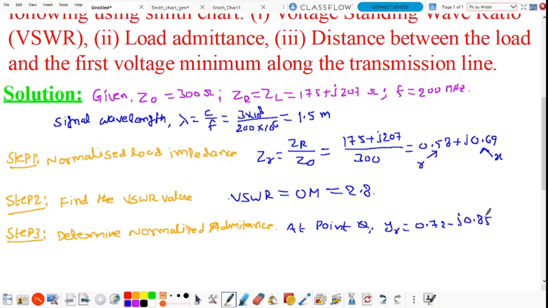So next, calculate the load admittance. That is the normalized admittance. Now we want to calculate the load admittance.